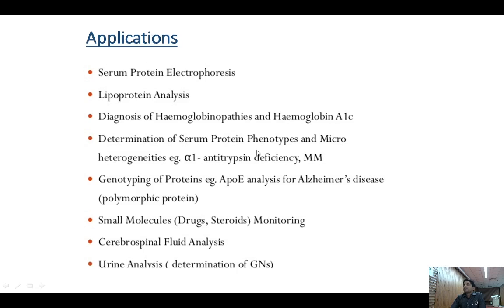Then in serum protein electrophoresis, alpha 1 antitrypsin deficiency, multiple myeloma, all these diagnoses we can do with the help of protein electrophoresis. Then genotyping of protein, not very important at your level. Then small molecules, drugs and steroids can also be separated. Then CSF analysis can be done, and urine analysis in glomerulonephritis and all.